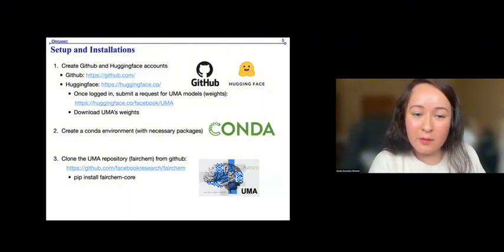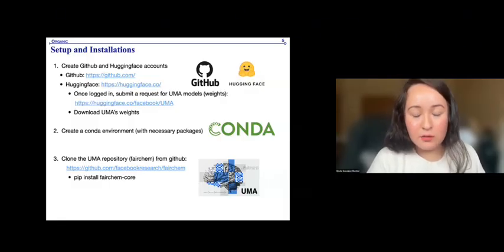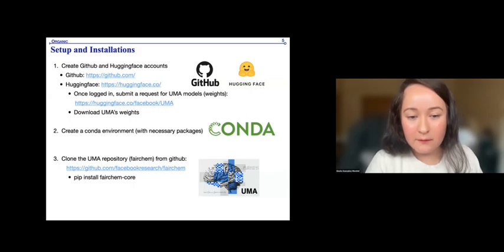Along with having an account with GitHub, you want to clone the UMA repository, also called FairChem. You can go to their link here, github.com/facebookresearch/fairchem. And there are 2 ways to install and download all the folders and all the scripts from UMA. One way is pip install fairchem-core.